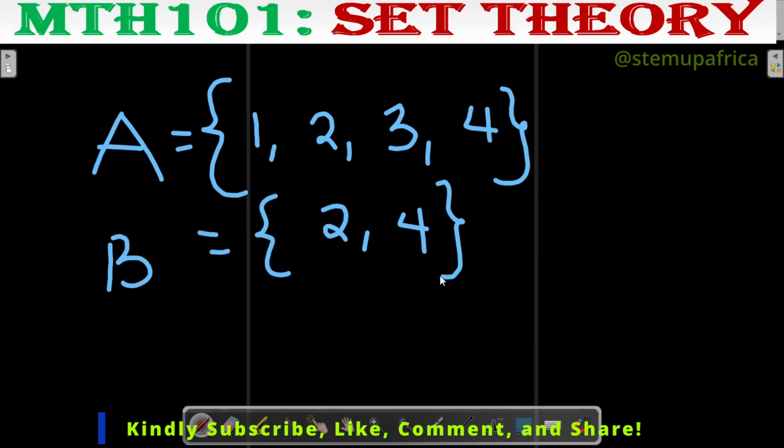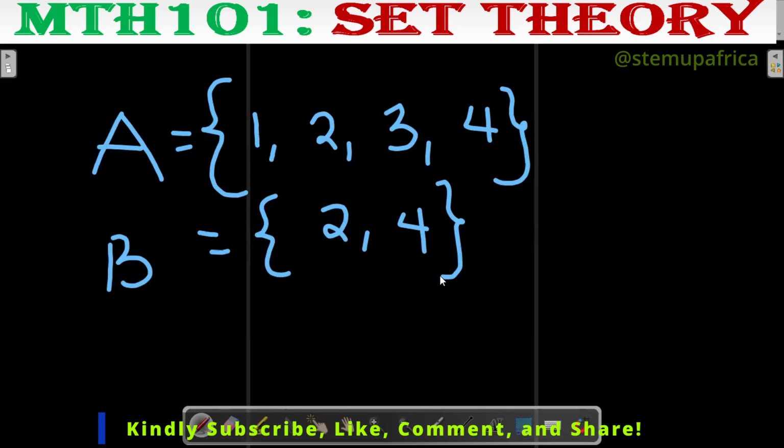If you look at B, what are the elements in B? 2 and 4. Now can you find that 2 and 4 in A? Yes, it's present in A, right?